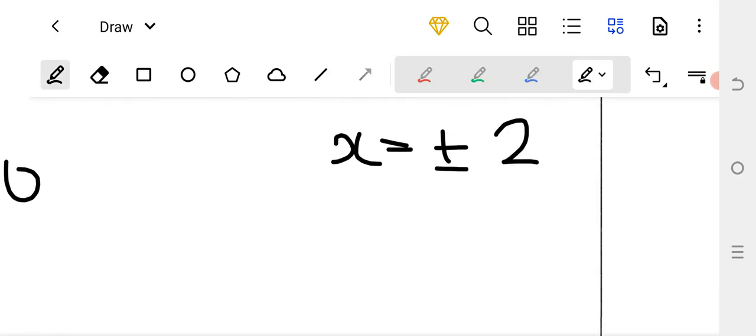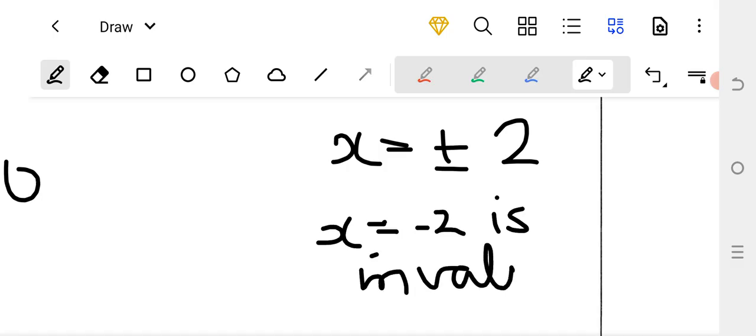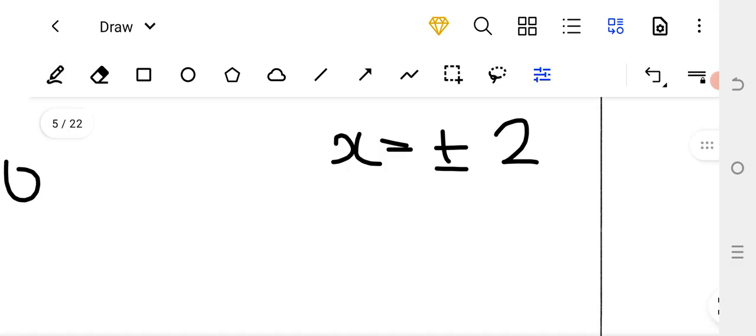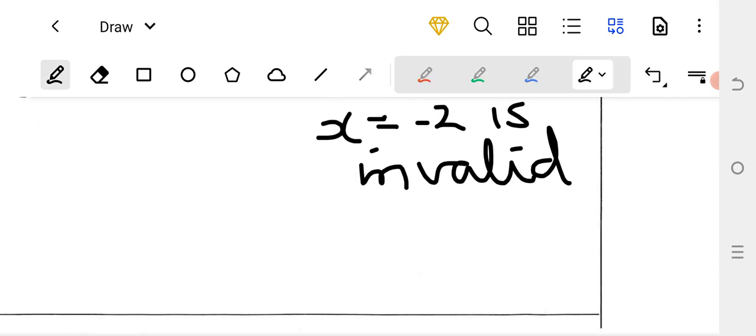Now we'll say therefore, first of all, let's write a statement. x is equal to negative 2 is invalid. Therefore, x is equal to 2.